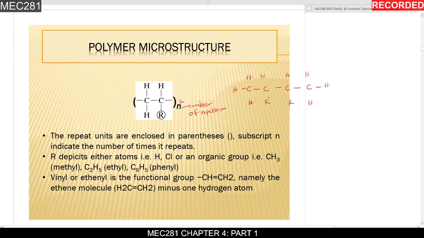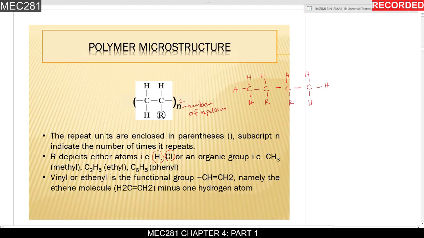Okay, so what is the symbol R here? R represents hydrogen, chlorine, or any organic group. So in this case it can come from hydrogen, chlorine, or any other organic groups.